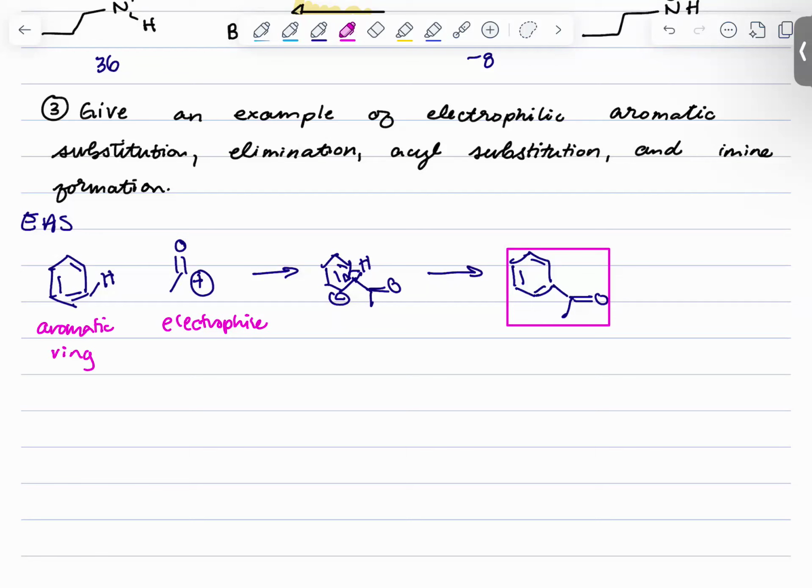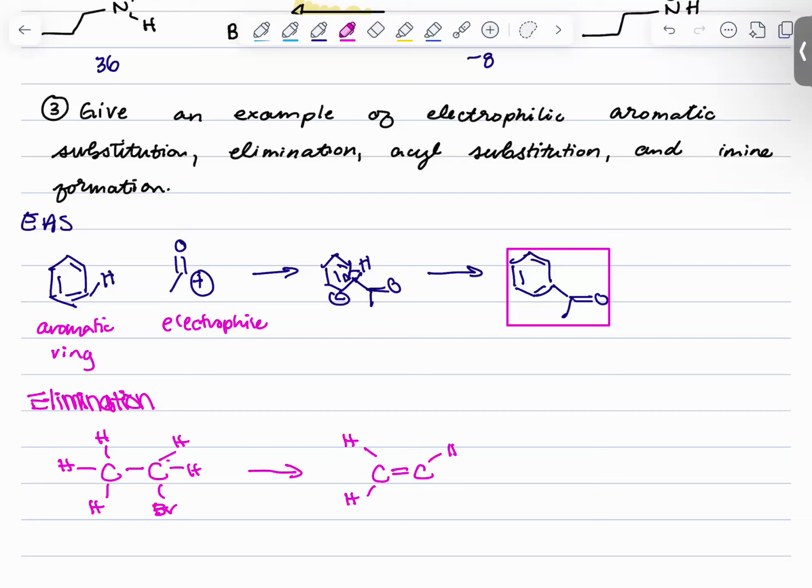If it helps you in memorizing it to have the intermediate, you can write it, but you don't have to. That's just to help make it clearer to y'all, to label them as an electrophile and aromatic.